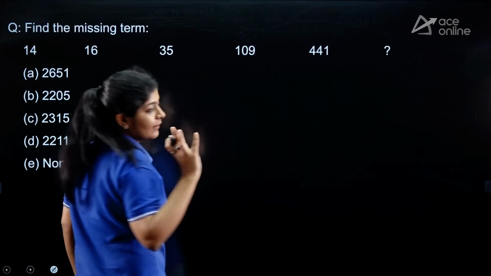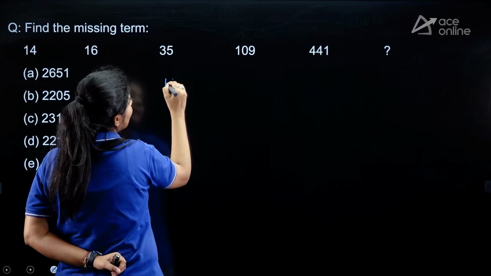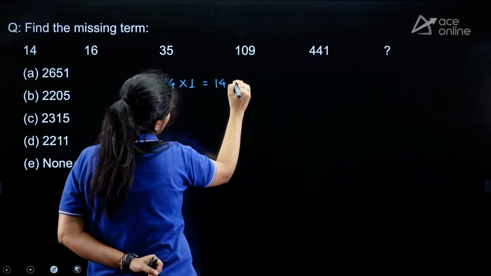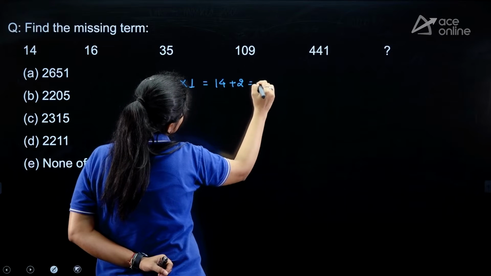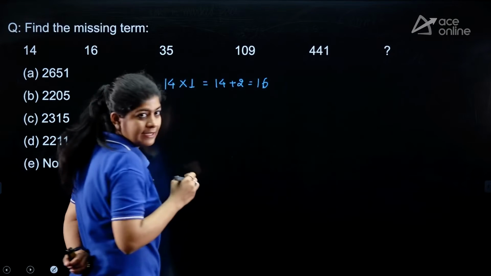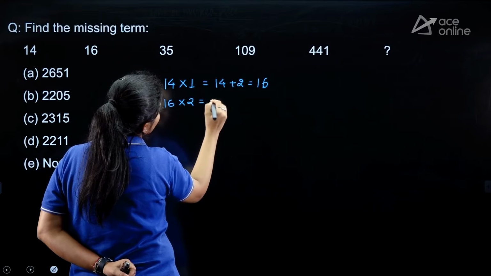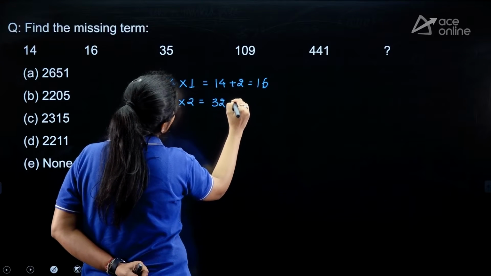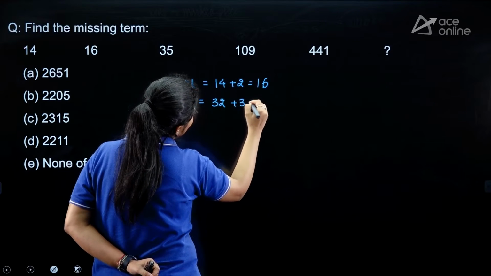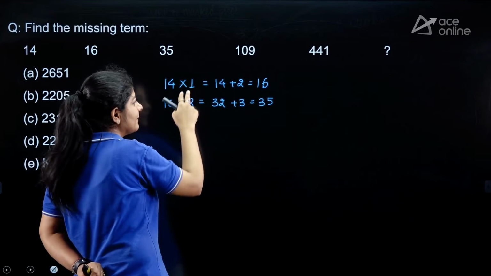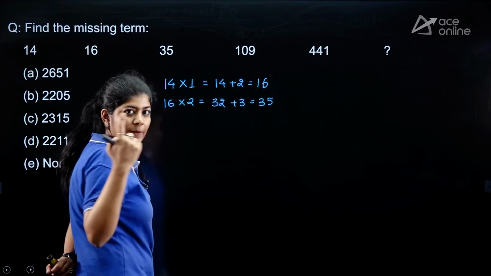We are having the nearby value. So if I multiply 14 into 1, we are getting 14. But if I add 2 in it, I'll get 16, right? Now, 16 into 2, we are getting 32. Now, if I add 3 in it, I'll get 35. So what I did is I just increased this number and this number by 1.